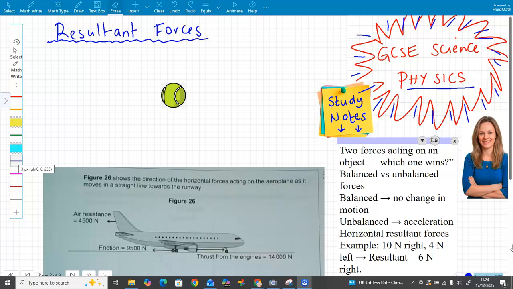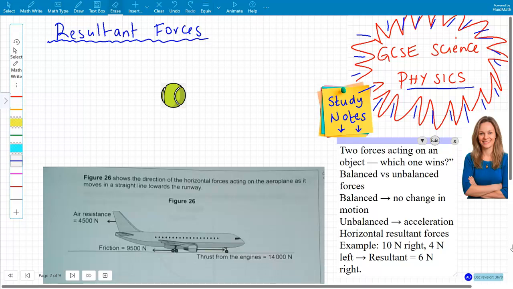So starting from the beginning then, two forces acting in the opposite direction. If we look at them on this tennis ball, let's say for example this tennis ball was travelling to the right with 10 newtons of force, but then it's experiencing an opposite force of air resistance or friction, which is 5 newtons.